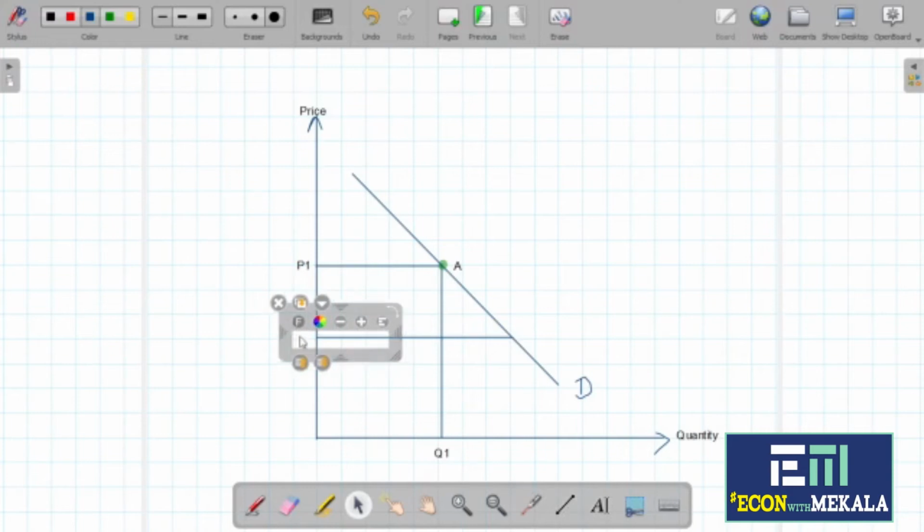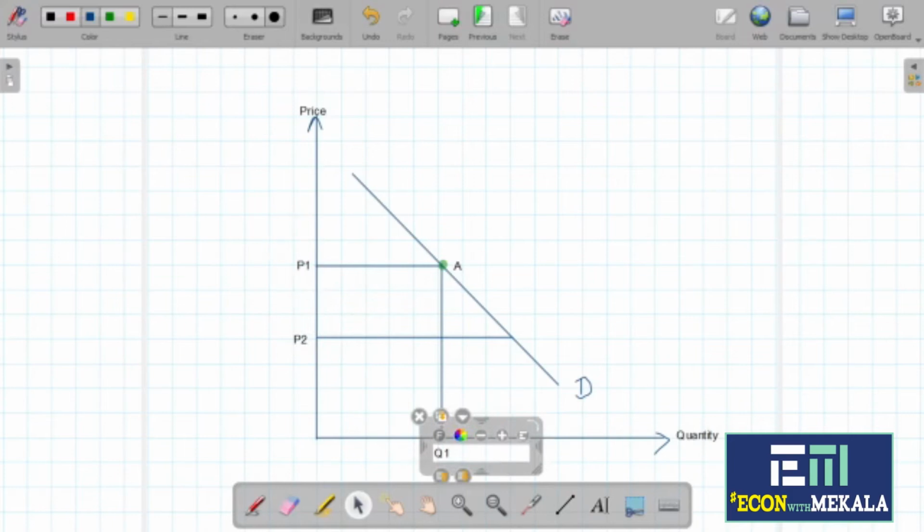This is my new price, P2. You all can see prices have gone down from P1 to P2, and we know by law of demand, when the prices go down, usually demand for the product should increase. So the quantity demanded should increase. If I look at my quantity axis, my new quantity is going to be at Q2.